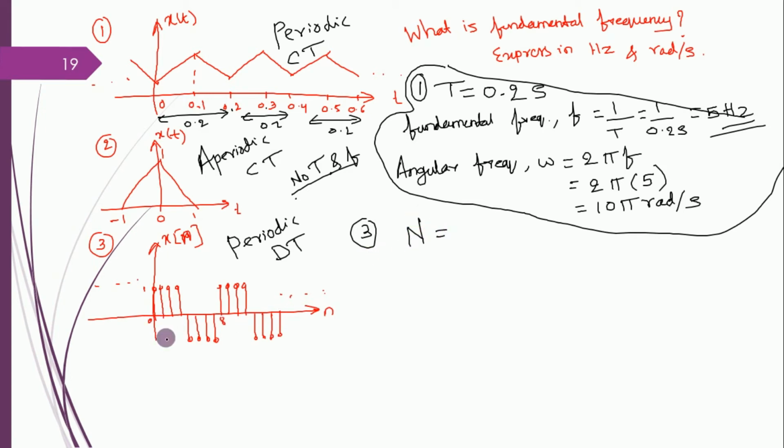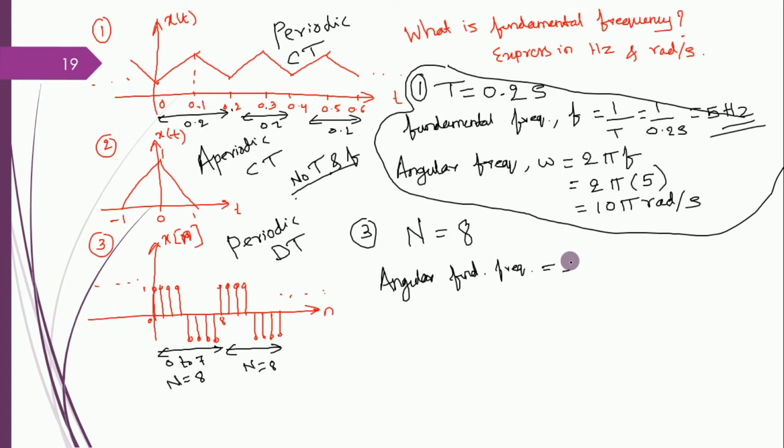Identify. So from here to here, it is 0 to 7. So total n is 0 to 7, which means 8. 0 also you should take into account. From 8 onward, again n is equal to 8. So after every 8 samples, your signal is repeating. So hence N is equal to 8. Now here, you can call it the angular fundamental frequency because there is no f kind of thing here.